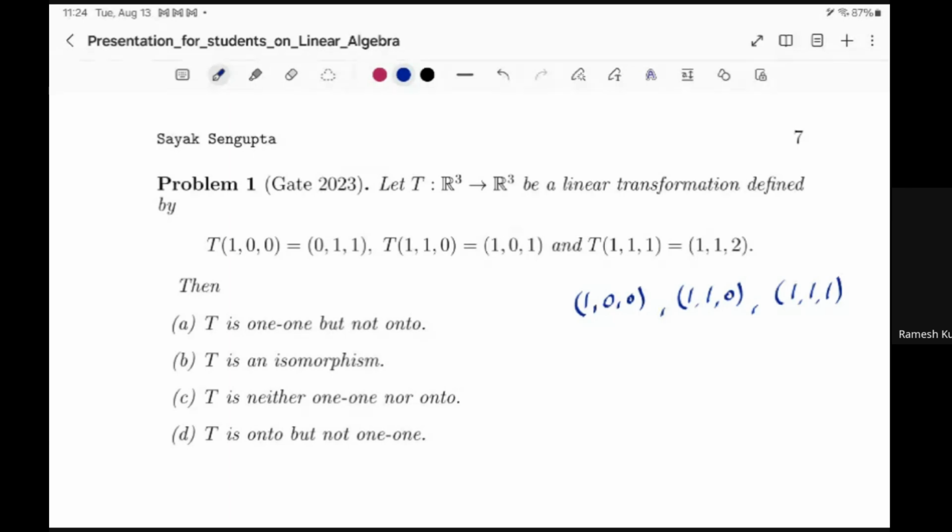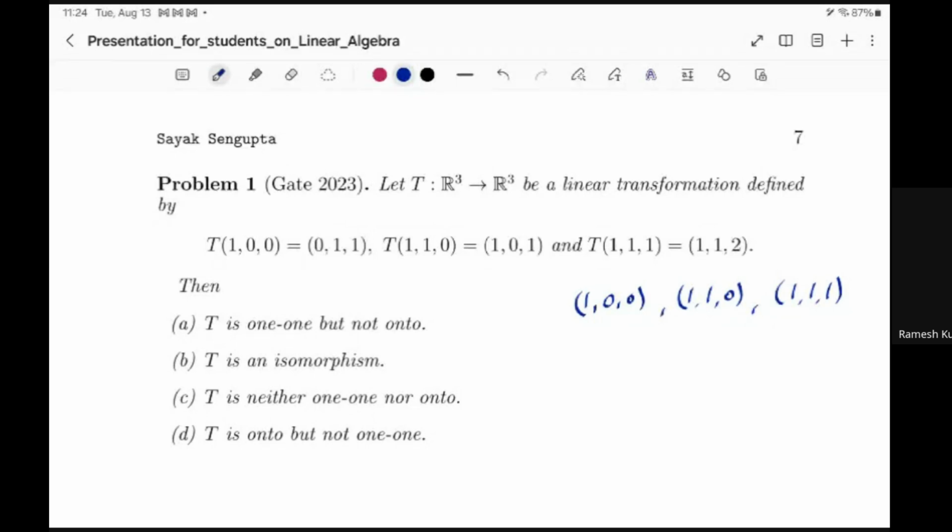When I say R3, I mean the vector space R3 over R, not over Q or anything, over R. So this R3 vector space has dimension 3, and we now have a linearly independent subset of R3 which contains 3 elements.